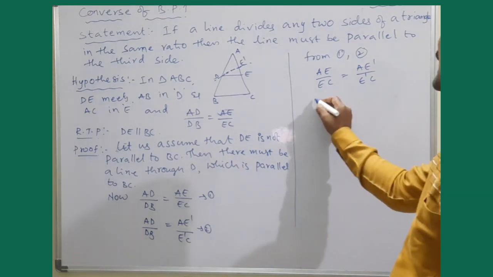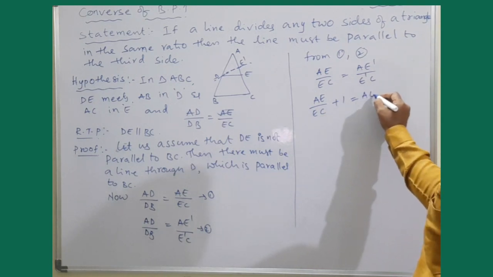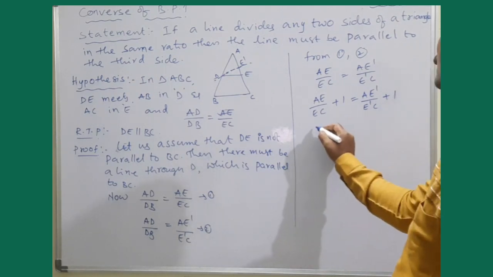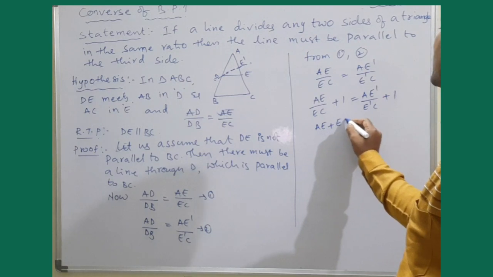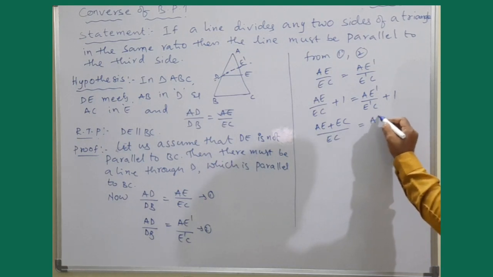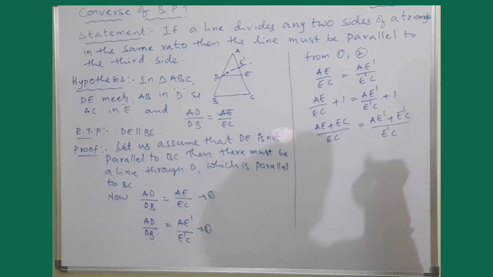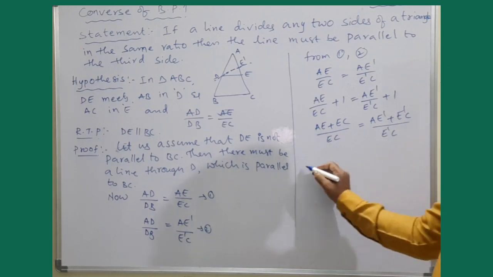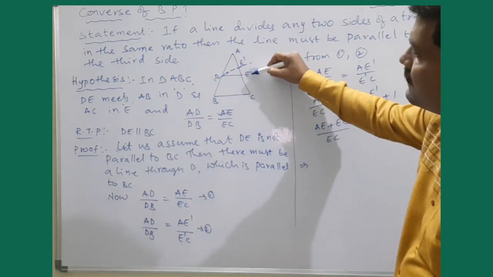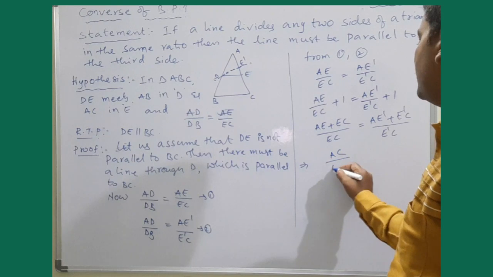Add 1 on both sides and go for LCM. AE plus EC by EC is equal to AE dash plus E dash C by E dash C. Now AE plus EC is nothing but the total length AC, so AC by EC.